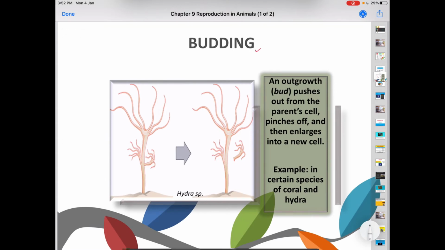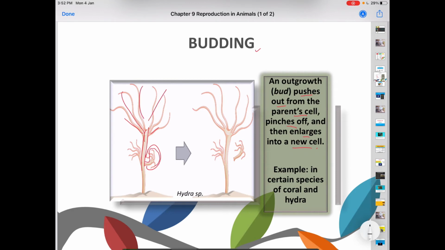Okay, what is meant by budding? So this is budding, the extended form from the original form, or from the parent. Budding is an outgrowth pushed out from the parent cell, and then it pinches off and enlarges into a new cell. So this is the parent cell.